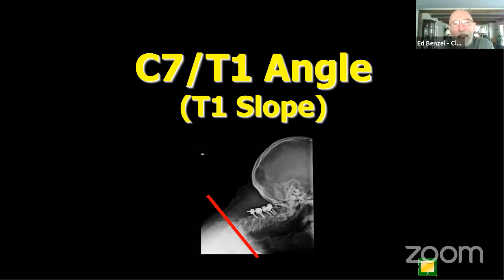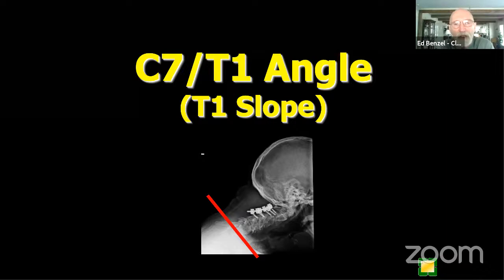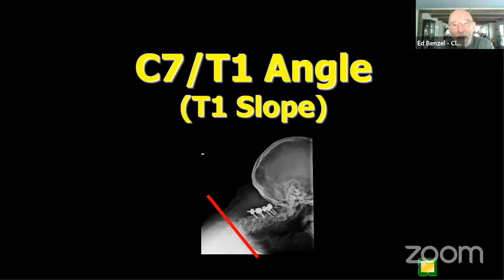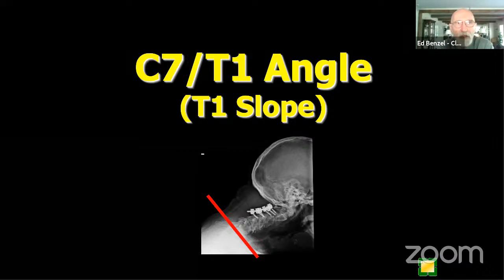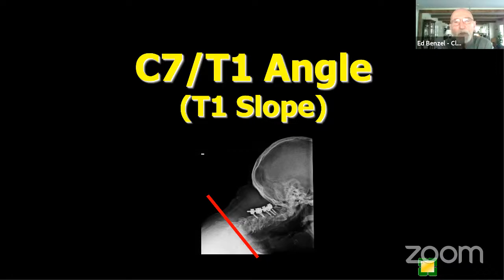So if we look at the C7-T1 angle, or the T1 slope as it's called, and it's significantly angled downward as depicted here, we are dealing with essentially a cervical thoracic C7-T1 and below deformity. It's really not a cervical deformity, and we must address it accordingly.